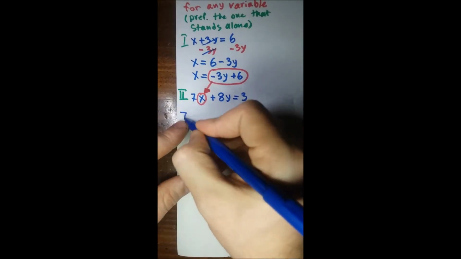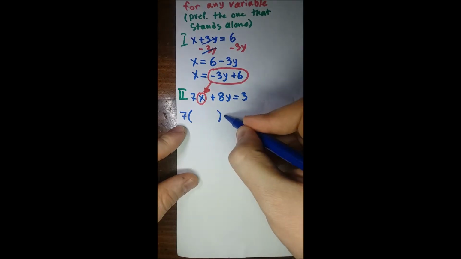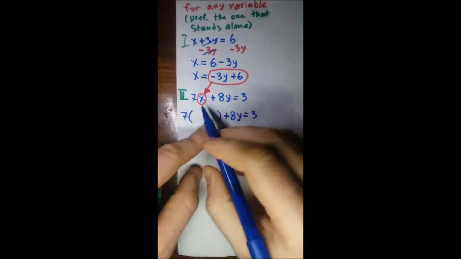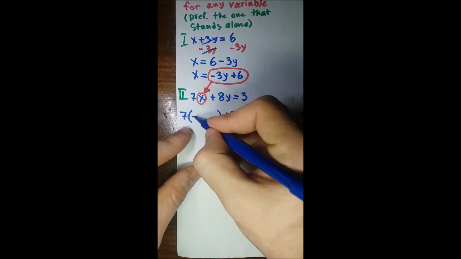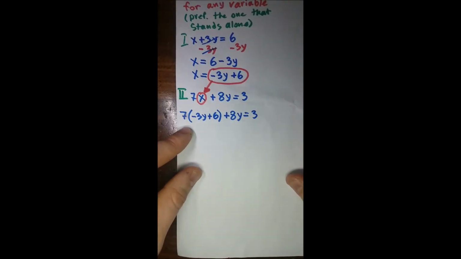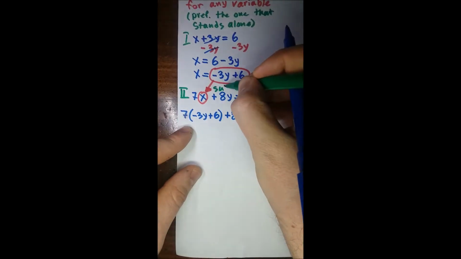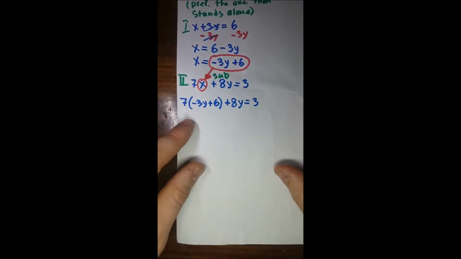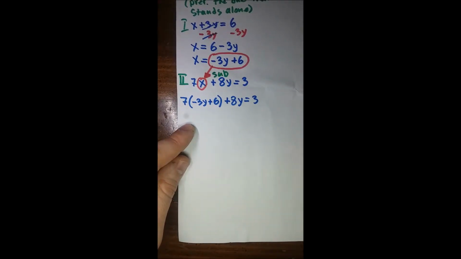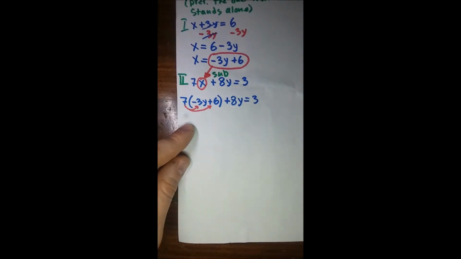So now we're going to write down 7 times x plus 8y equals 3. Now, instead of this x, we're going to write down minus 3y plus 6. This is what you call a substitution. We're going to substitute. I'm going to write down sub, okay? Substitute. It's equivalent. Now we do our Superman thing, our multiplication, okay? Distribution of 7 into this parenthesis.